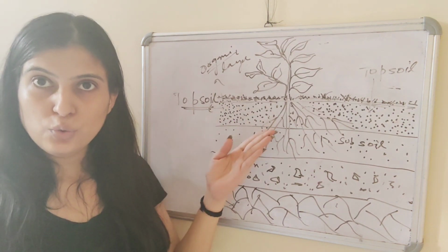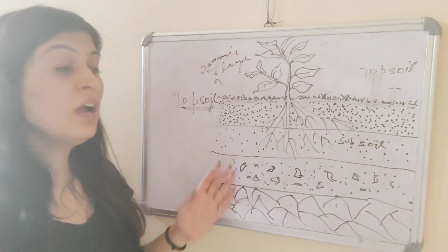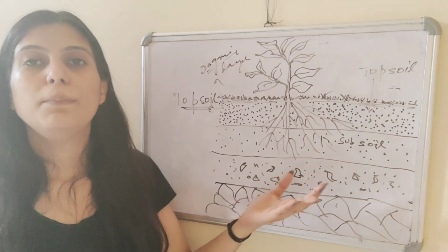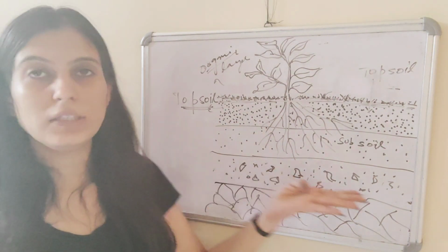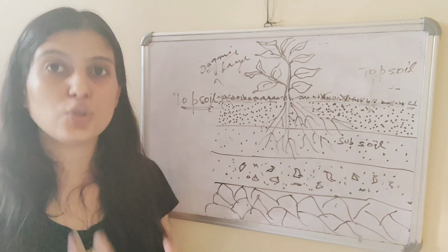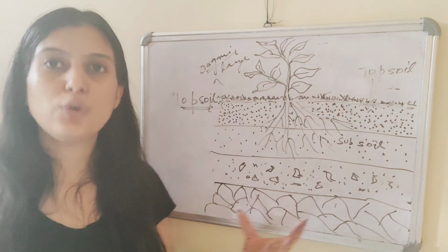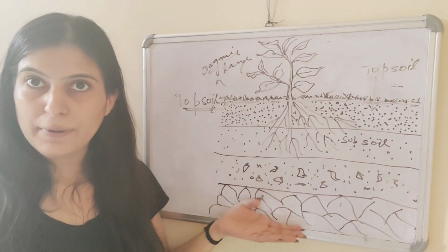The deepest roots of the plant are present in the subsoil. Afterwards, there is bedrock, which is the parent material, consisting of small rocks and soils. Afterwards, there is a bed of rocks. Only rocks are present there.